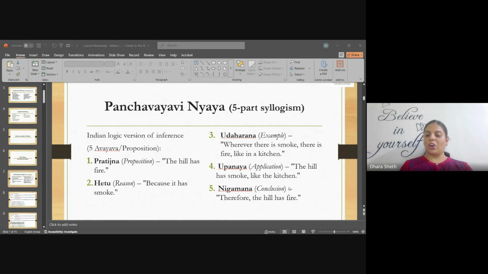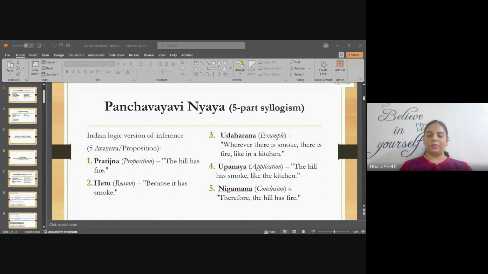Okay. Not every Indian word can have an English equivalent. So please pardon when you see the word proposition used twice. Okay, because I couldn't get a better word for it. If I call it a premise, that would be wrong. If I call it a statement, that would also be wrong.